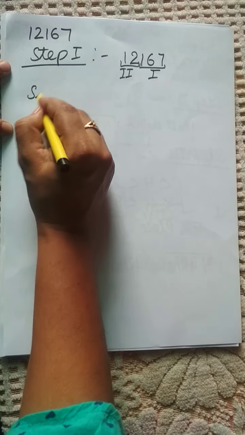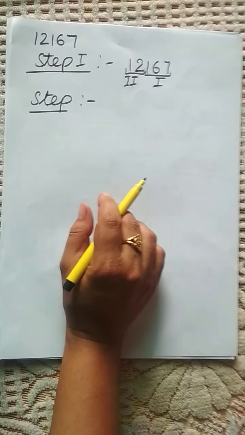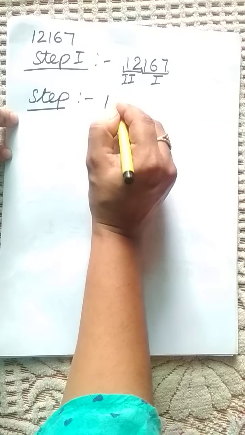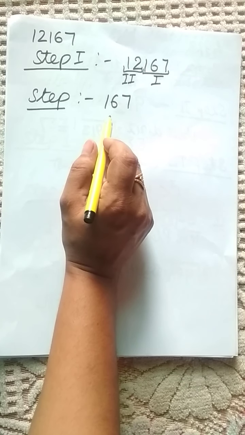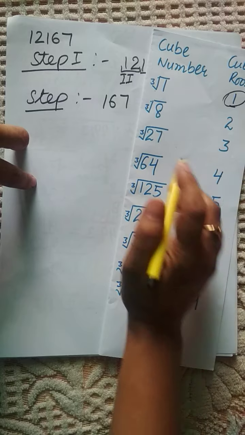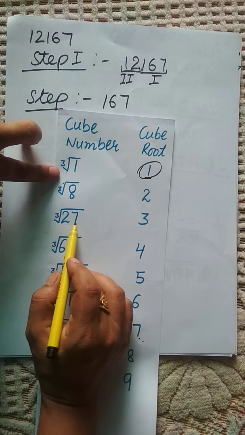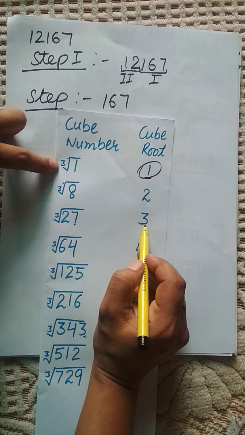In the step number 2, I will write the unit digit. Now the first group is 167. So I will see from the chart of cube roots which number is having 7 at its unit digit. This 27 is having the unit digit 7. So the cube root will have unit digit 3.